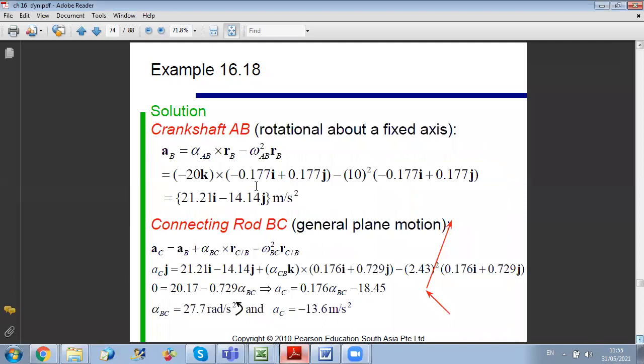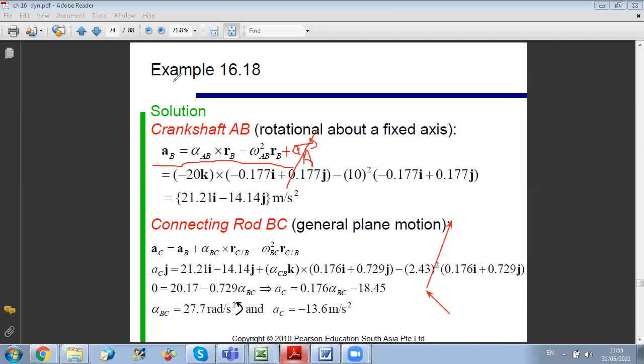Then for point B, you have two methods, as we said. Either we do AN and AT, as we did together, or you can use the vectorial method, and you can simply say that I will relate B to A, okay? And since A is fixed, we would put plus AA, but since B is rotating about fixed point A, A is fixed, so AA is 0.